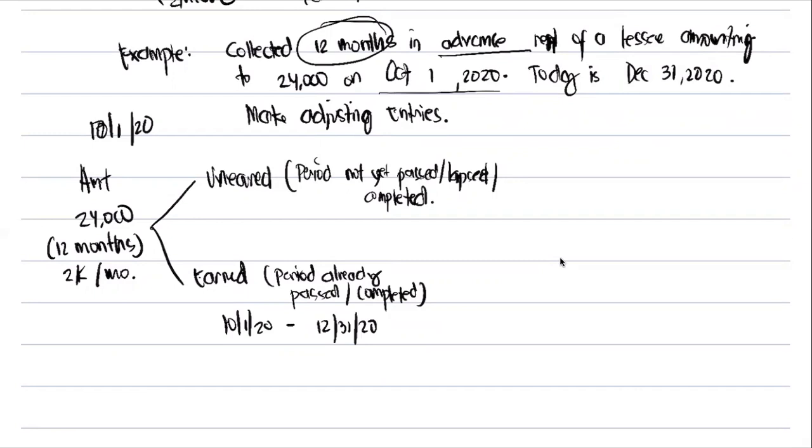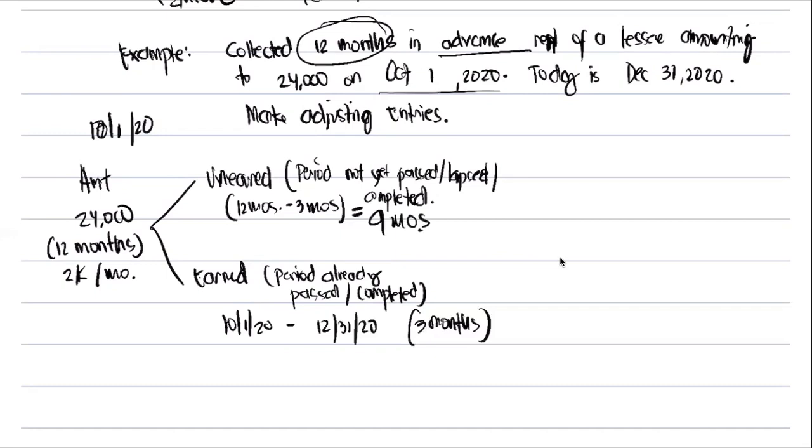How many months is our period earned? 3 months. If 3 months is our period earned, how many months is our period unearned? It will be 12 months less 3 months. How many months is our period unearned? 9 months. Now, after knowing the period unearned, the next thing you need to find out is the amount.